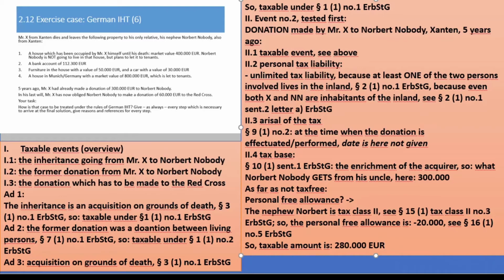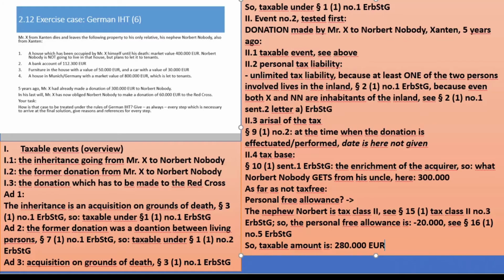So we have already found out everything. What we could have done is we could have thought about the valuation of the donation, but here it was not said what was given. It was only said the donation was 300,000. If it was cash, one would have been able to add that cash has to be valued according to the Inheritance Tax Act with its nominal value according to the German valuation law.